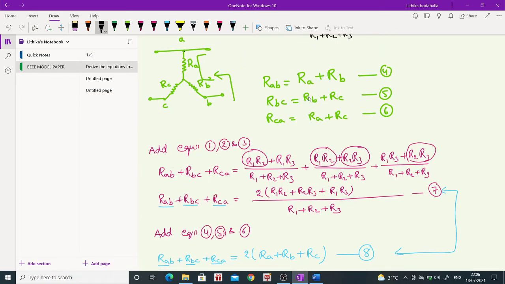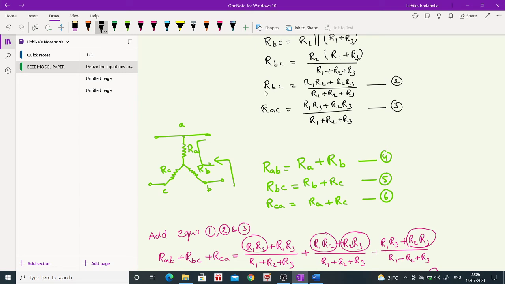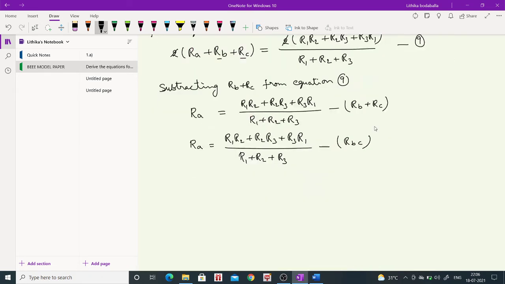Now, in place of RBC, from equation 2, I am writing R1 R2 plus R2 R3 by R1 plus R2 plus R3.